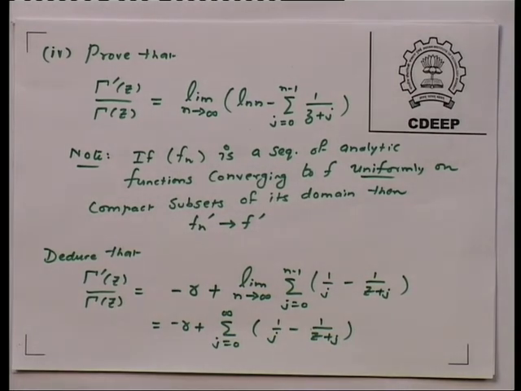Gamma prime z upon gamma z equals the limit as n tends to infinity of log n minus the sum from j equals 0 to n minus 1 of 1 over z plus j. Here ln of n is the natural log of n.